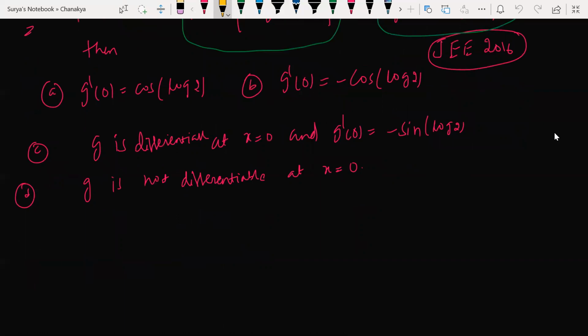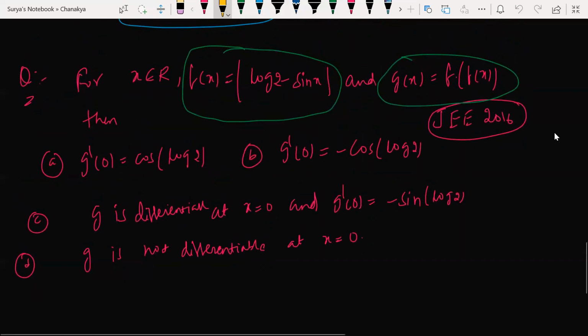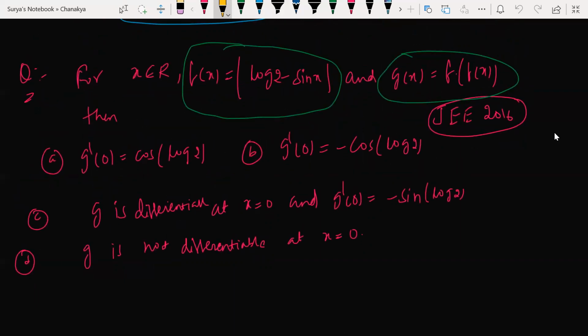What exactly is he asking us to find? He is asking us to find the derivative of g of x at x is equal to 0.